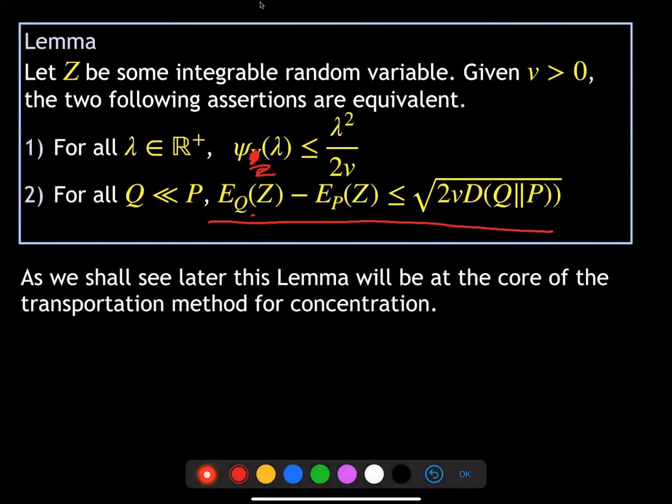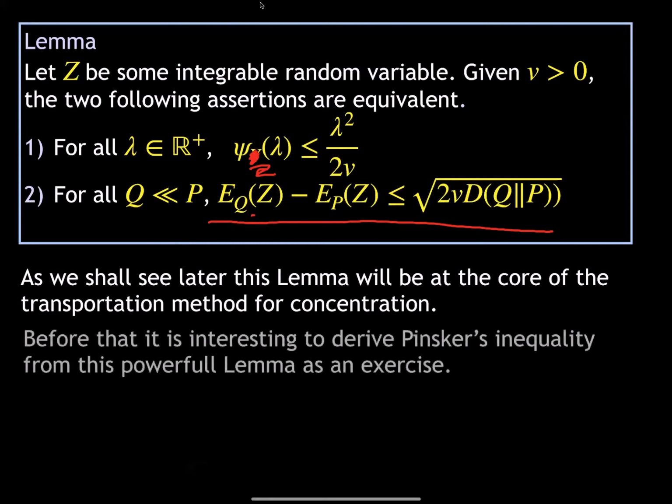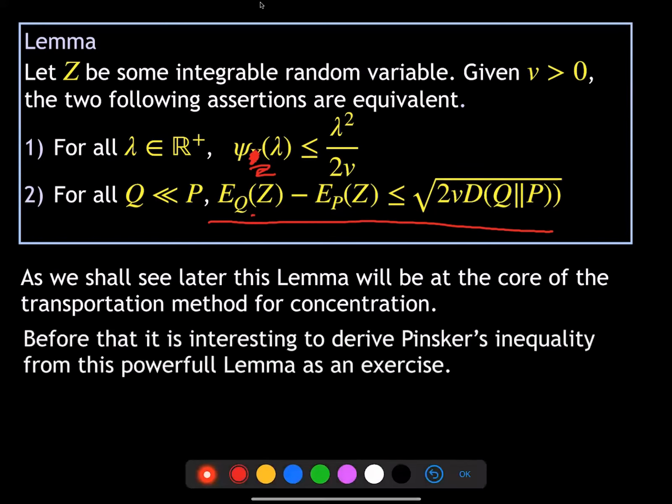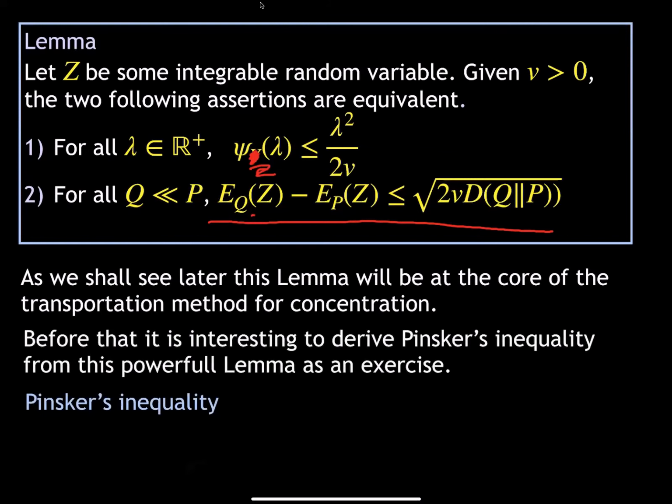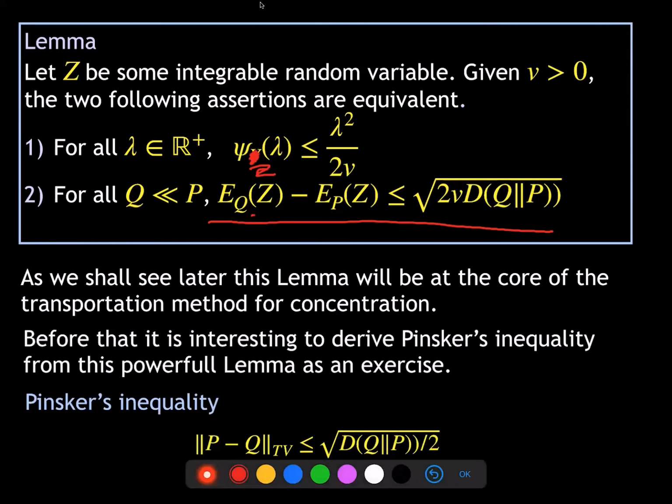And this gives you a very powerful tool. We shall use it to prove concentration by the transportation method, as I mentioned. But right now we can use it to solve an exercise. And this exercise is simply to prove Pinsker's inequality. So Pinsker's inequality tells you that the total variation distance between P and Q is less than the square root of the relative entropy over 2.